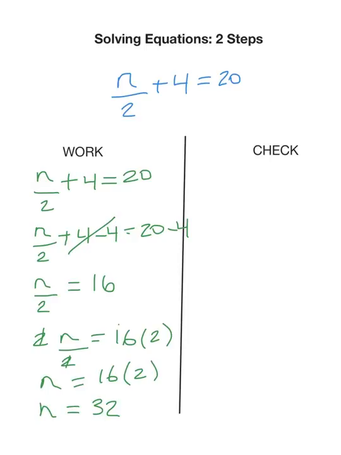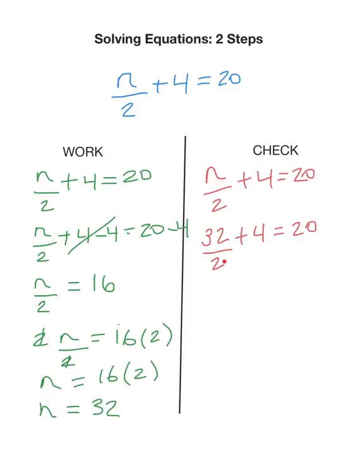Now, just like in the previous slide, in order to check ourselves, wherever we see n, we just have to put the number 32. So if we write our equation, n divided by 2 plus 4 gives us 20, instead of the n, let's put 32. 32 divided by 2 plus 4 gives us 20. Now, if you recall BEDMAS, division comes before addition.